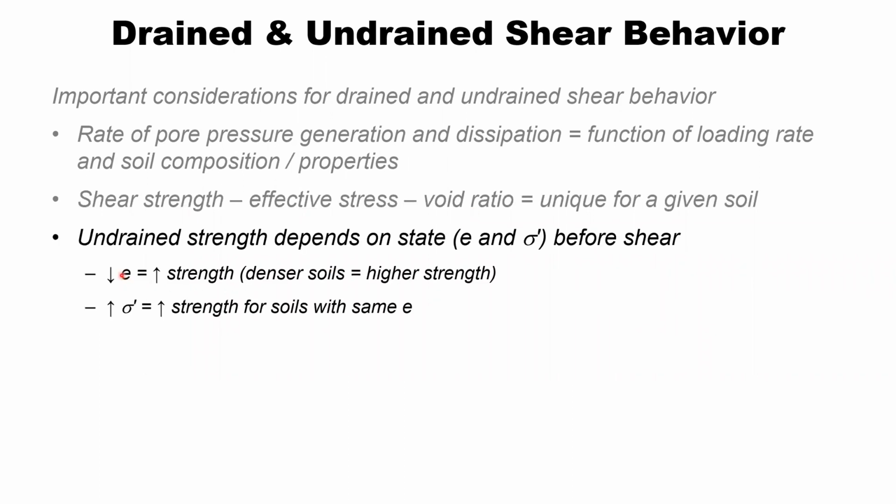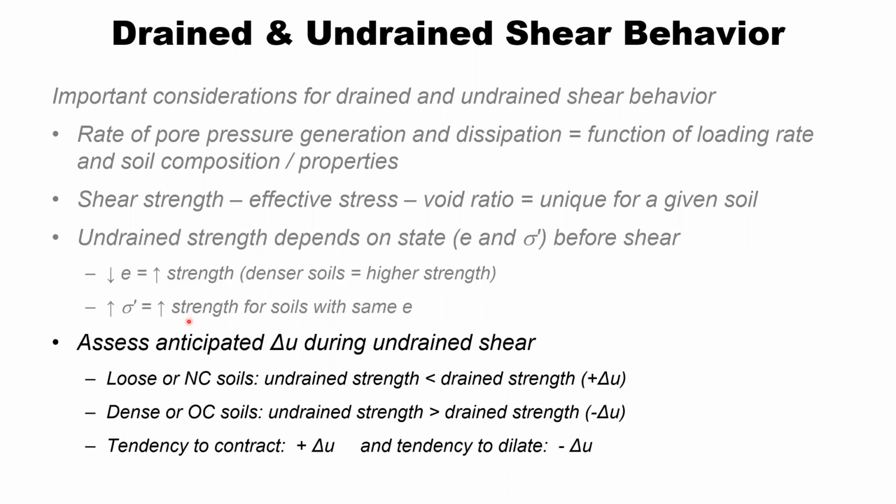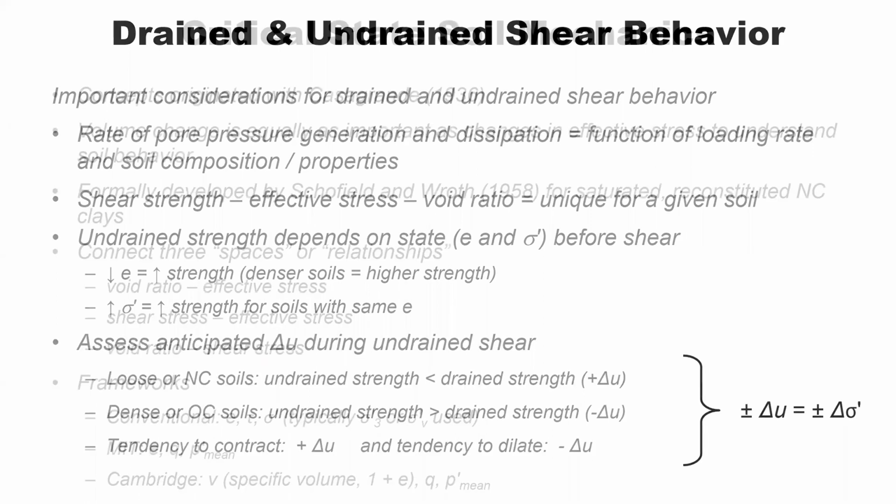As the void ratio goes down, the strength tends to go up. As the effective stress goes up, strength also goes up. But when we're looking at loose, potentially contractive soils, that is going to be different when we have undrained conditions. So we need to understand how to assess that potential change in pore water pressure during undrained shear.